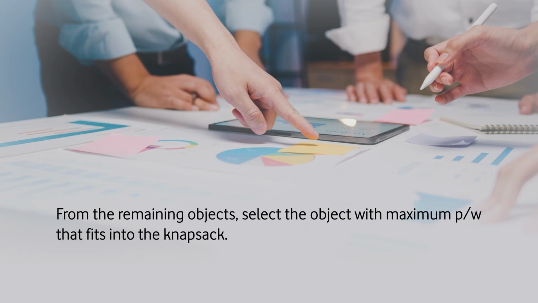The strategy which is mostly followed is that you take the profit by weight ratio of all the items, and whichever profit weight ratio is higher, you add that item first. These are the 3 strategies.